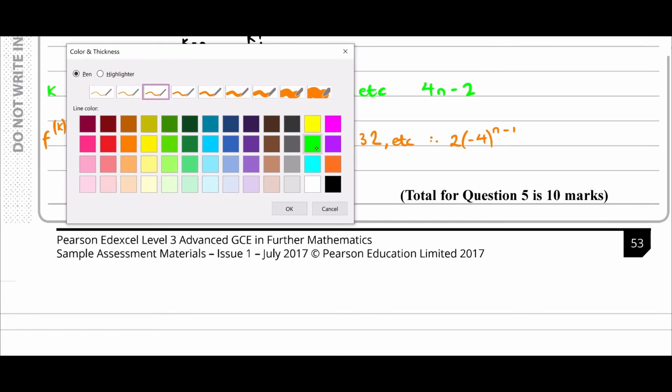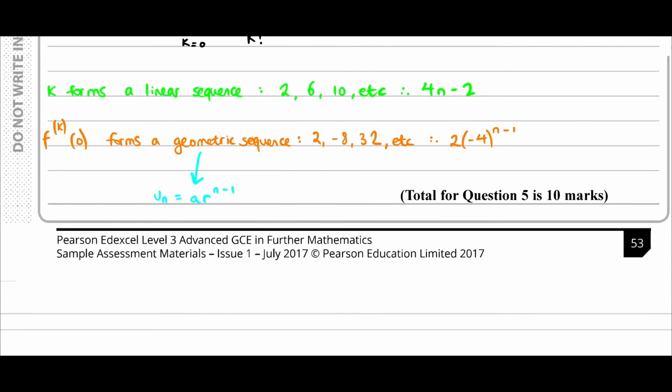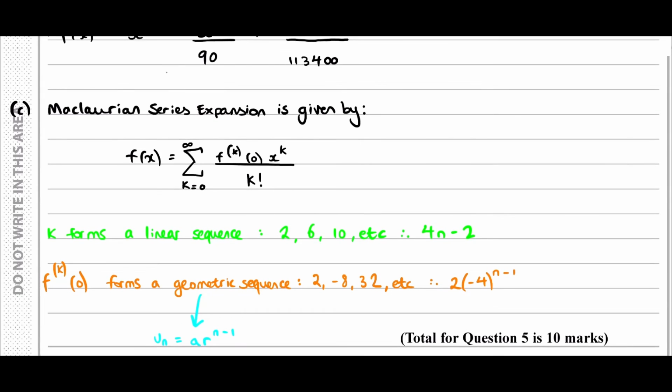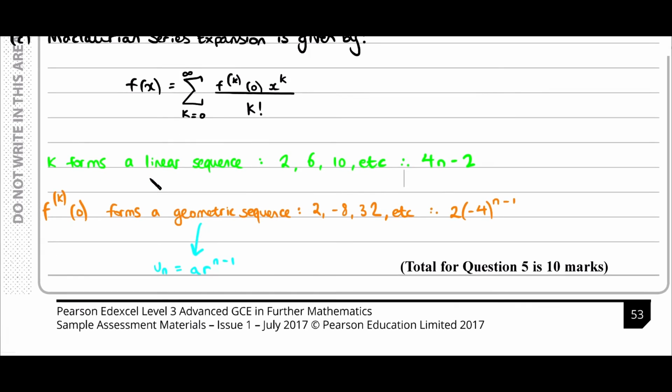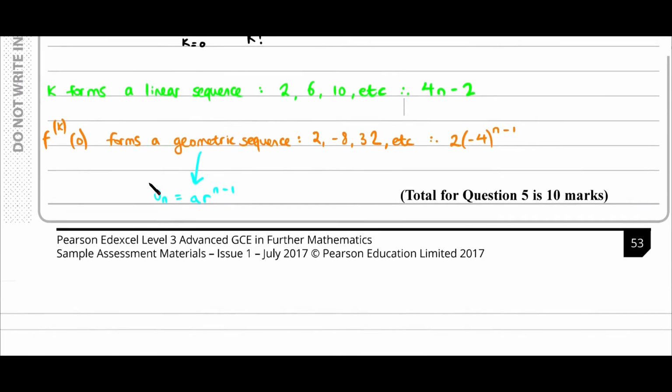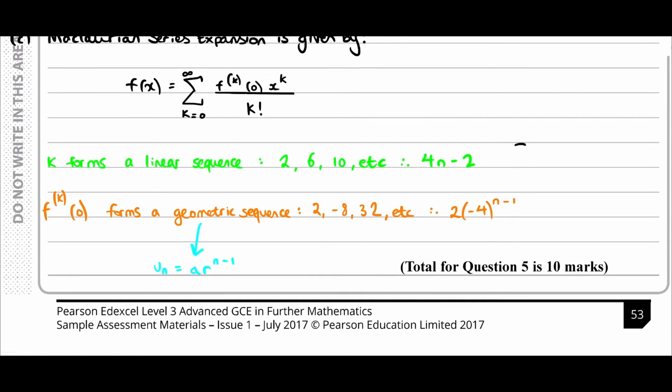And if we substitute those back into this summation formula over here, we can therefore conclude that the kth derivative at the point x equals 0, we found that to be 2 times minus 4 to the power of n minus 1. And then we multiply this by x to the power of k.